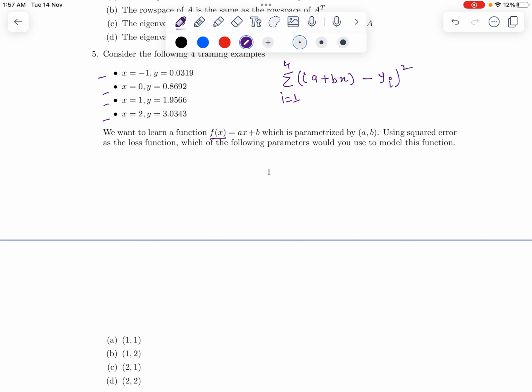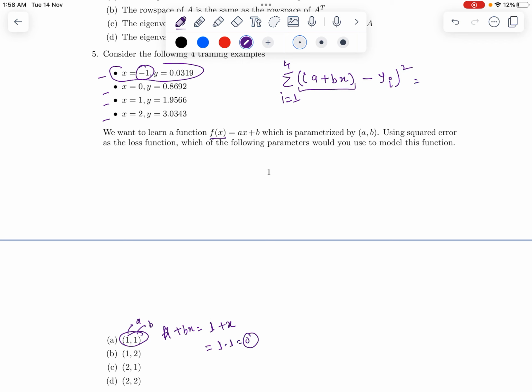So now you will have to go through each option. You will take a this and b this, right? So you will get f(x), or you can say a + bx, is equal to 1 + x, right? Now you will pick the first training example and find this value. Here x is minus 1, so 1 minus 1 is 0.